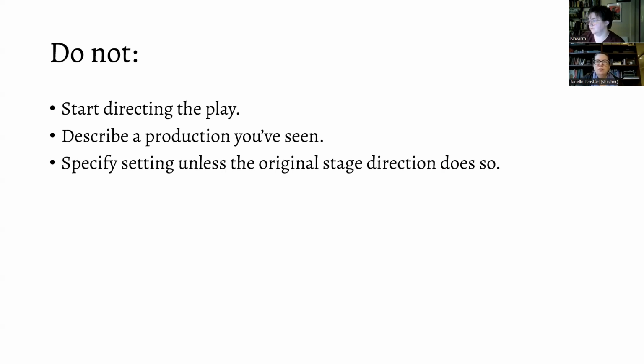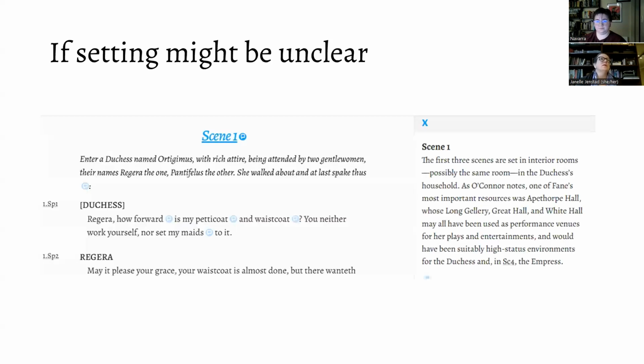And so by saying that something is taking place in a specific setting, we're often working against the actual technology of the early modern stage. If you feel like it's not going to be clear to the reader, you can use your annotations.